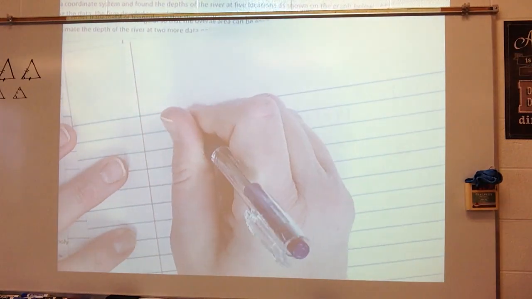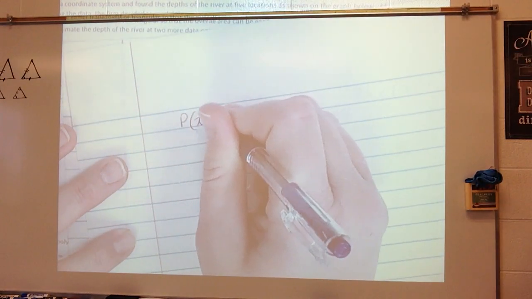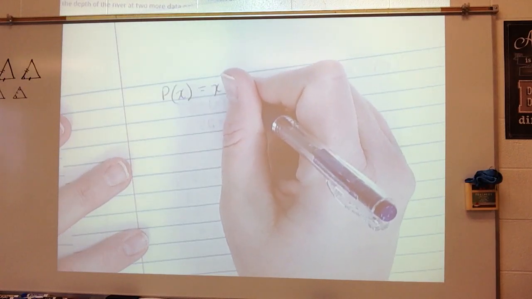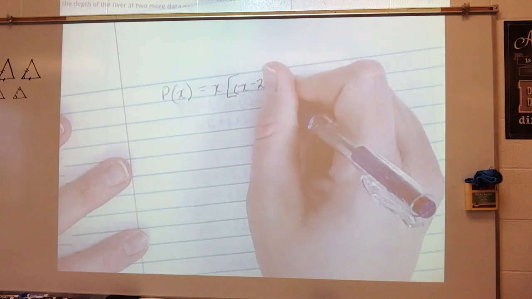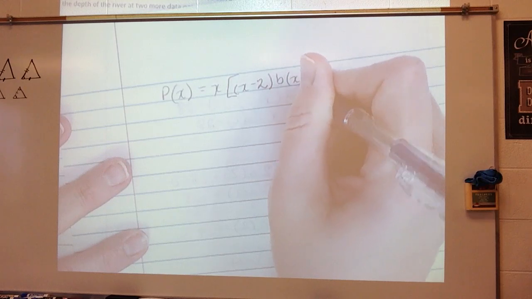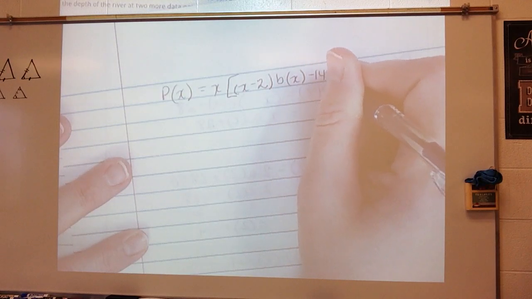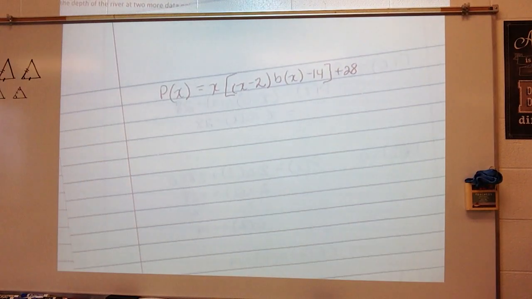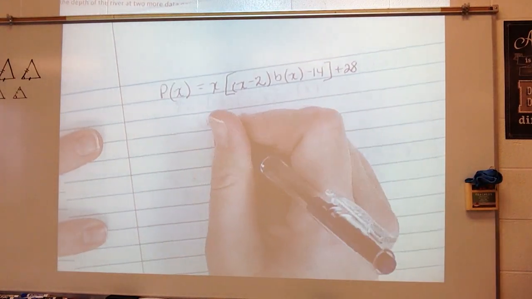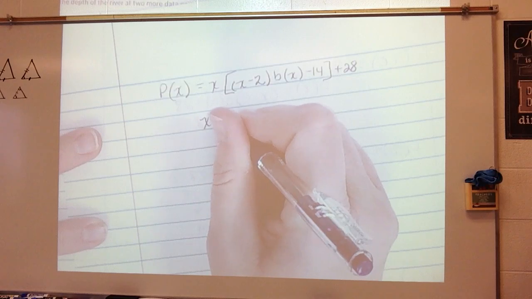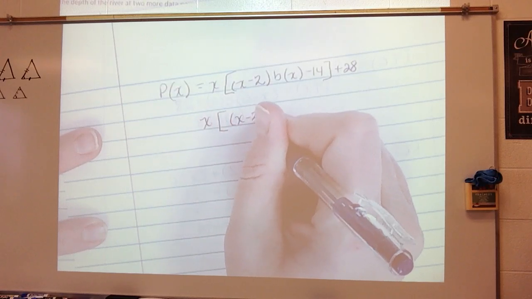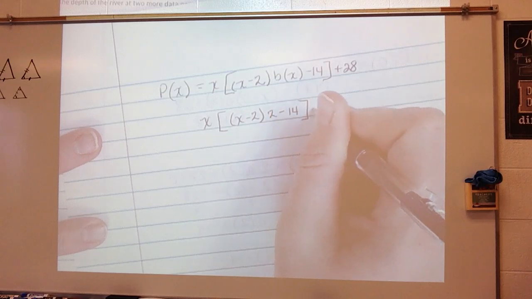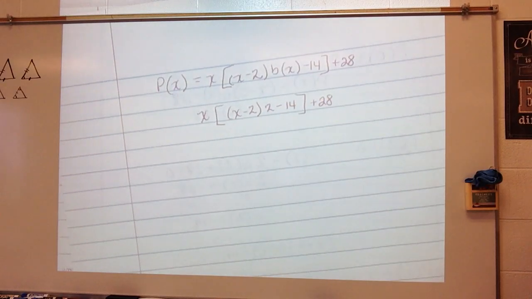So p of x is equal to x, parentheses x minus 2, b of x minus 14 plus 28. Alright, so we get x minus 2, 2 minus 14, plus 28.